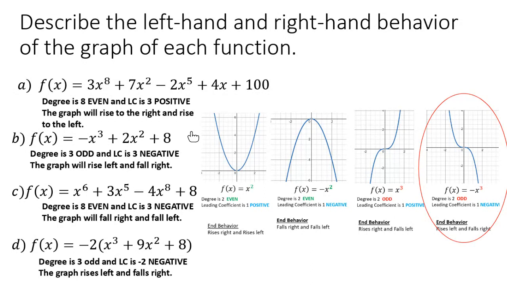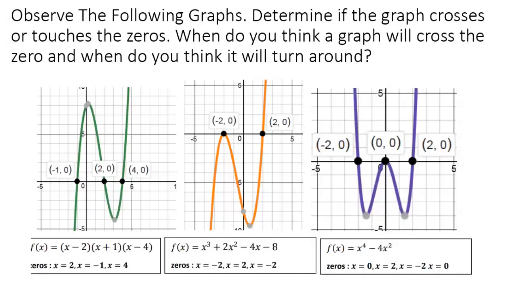Now, why do we want to know this information? What all this is leading to is, can we sketch the graph of these functions, okay? And we're going to put everything together in the sections. So another important characteristic is understanding when a graph is going to cross a zero.